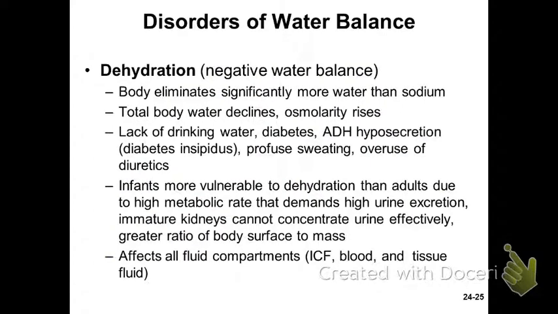Now, what if you're simply dehydrated? That is, your body is simply not taking in enough water. Well, then your total body water would decline, your osmolarity would rise, and this is the story we've been talking about. Now, what would cause this would be, well, perhaps you're just not drinking enough, right? Lack of drinking water. Perhaps you have diabetes.